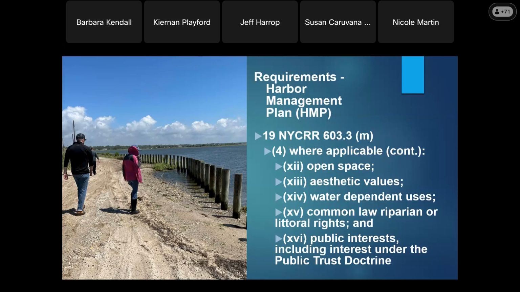Public trust lands, waters, and living resources are held in trust by the state or by the trustees of individual towns, that's on Long Island, for the people to use for walking, fishing, commerce, navigation, and other recognized uses of public trust lands. So the specifics of how that applies to your community should be discussed in the LWRP.